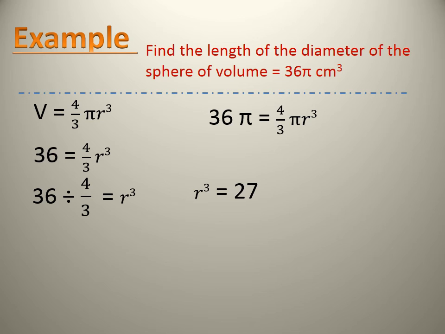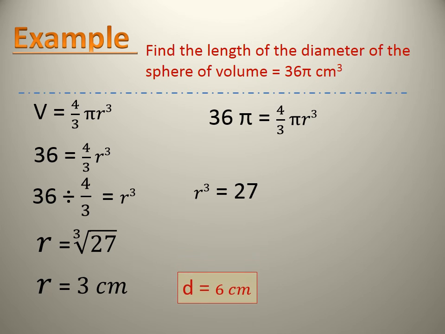Now we know the inverse operation of power 3 is cube root. By taking the cube root of both sides, r is the cube root of 27, which is 3. Here the radius is 3 centimeters, so the diameter equals 3 times 2 equals 6 centimeters.